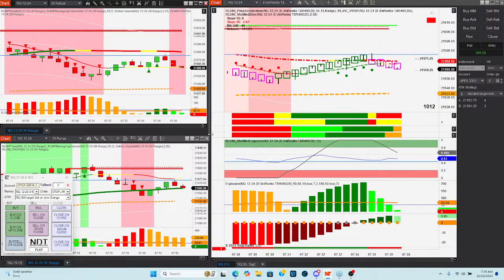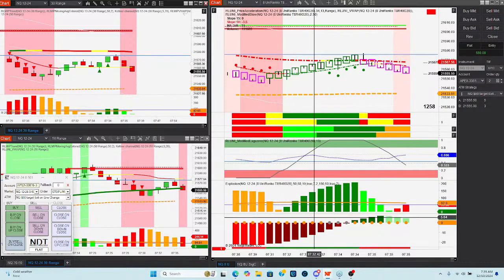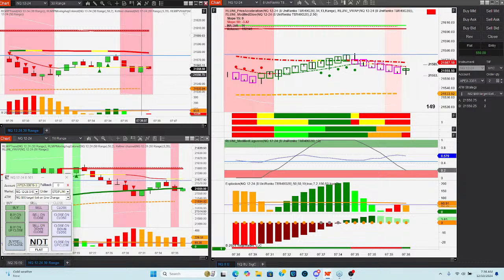For example, let's say I have a brush working, like right here, we've got a brush starting to create on the 30 range.